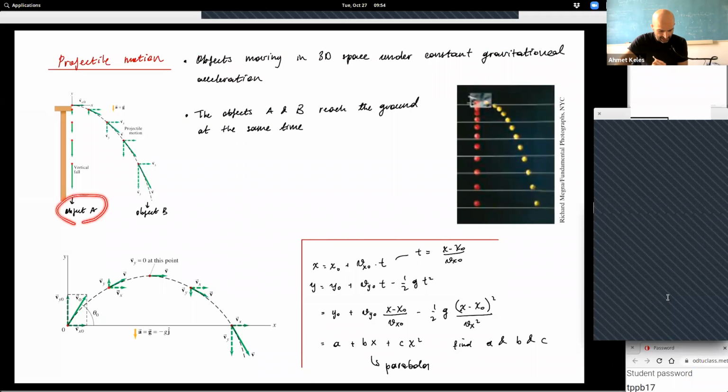Object A is falling directly below, vertically, whereas object B is given a kick, so it has an initial velocity. And the question is, under constant gravitational pull, what happens? And Galileo's observation was objects A and B reach the ground at the same time.